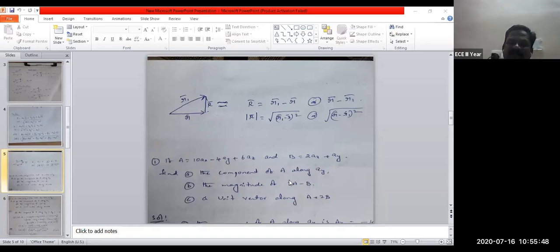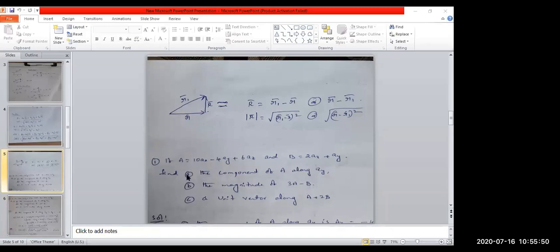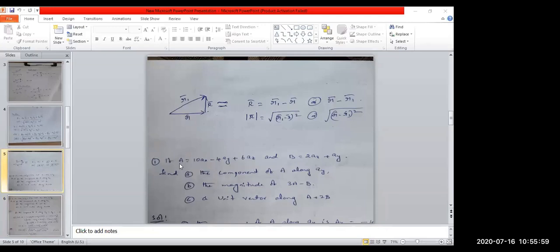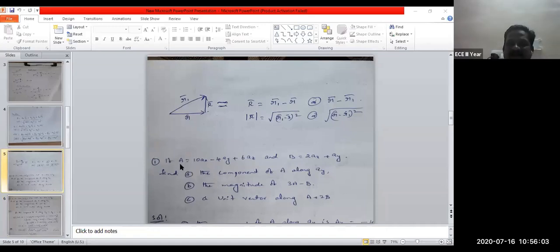What is 3a? 30. Multiply. Right. Good. So multiply the vector a with 3.